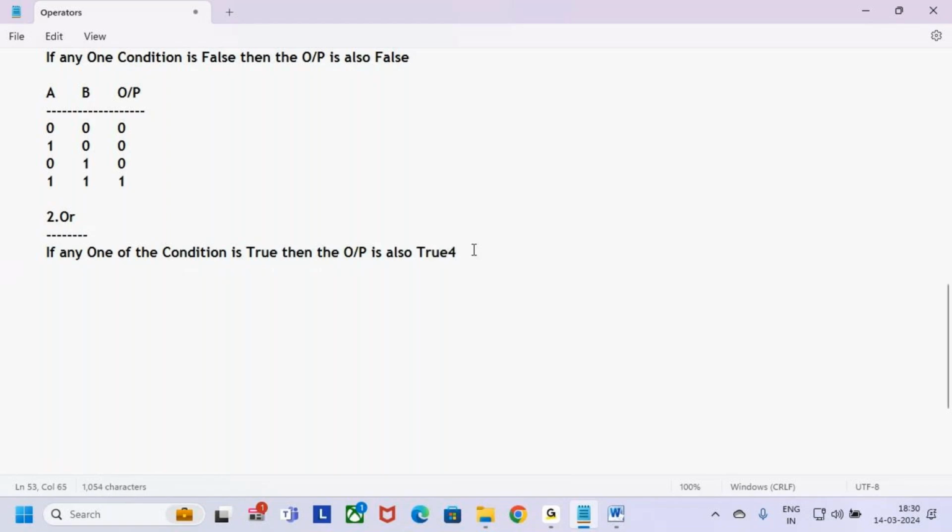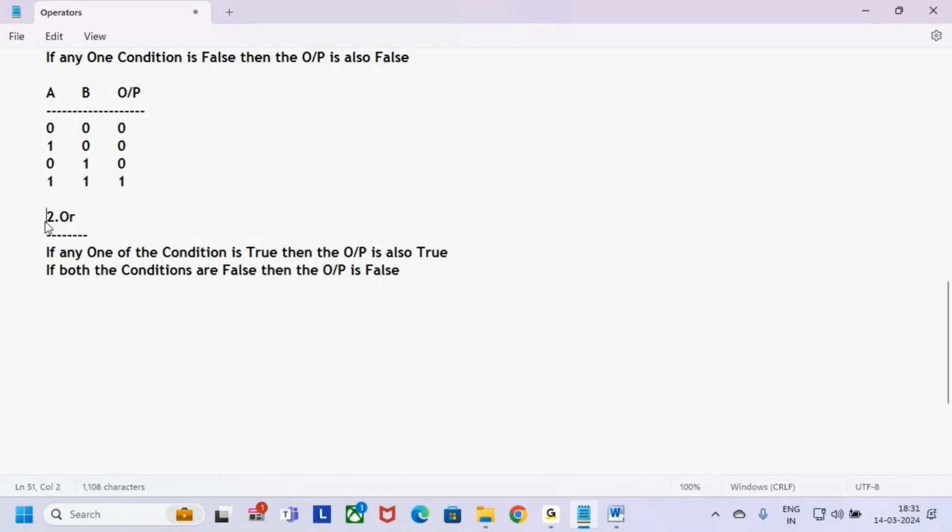When the output is false, when we get the output as false means if both the conditions are false, then the output is false.